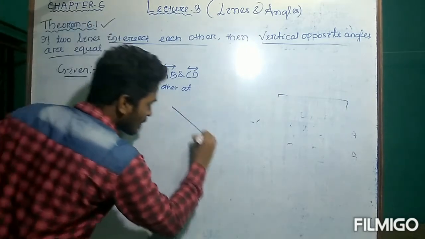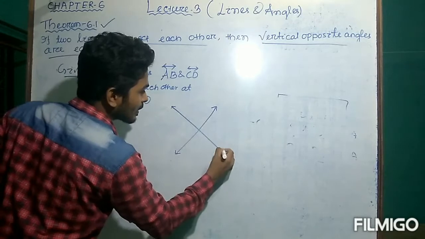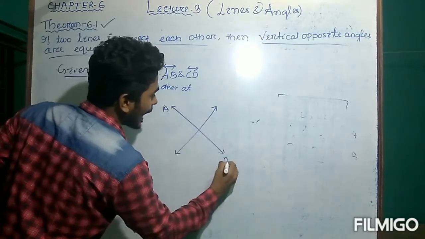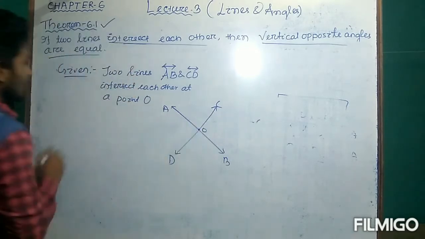So construct these two lines AB and CD. They meet each other at a point O.